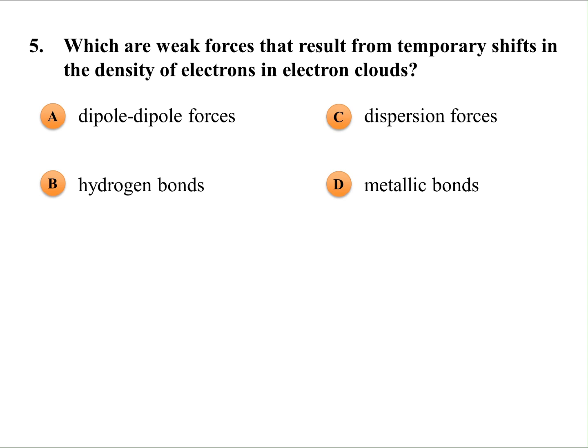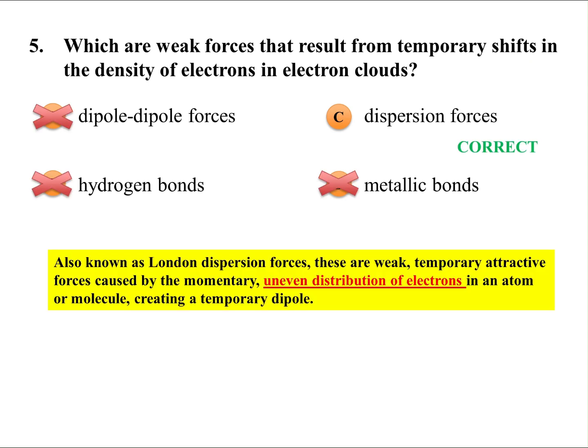Which are weak forces that result from temporary shifts in the density of electrons in electron clouds? The correct answer is C, dispersion forces, also called London dispersion forces.